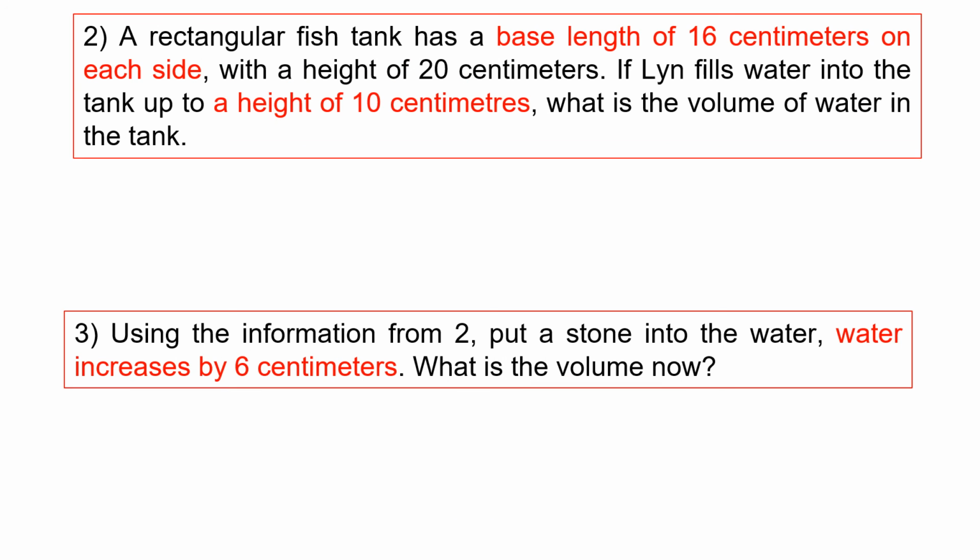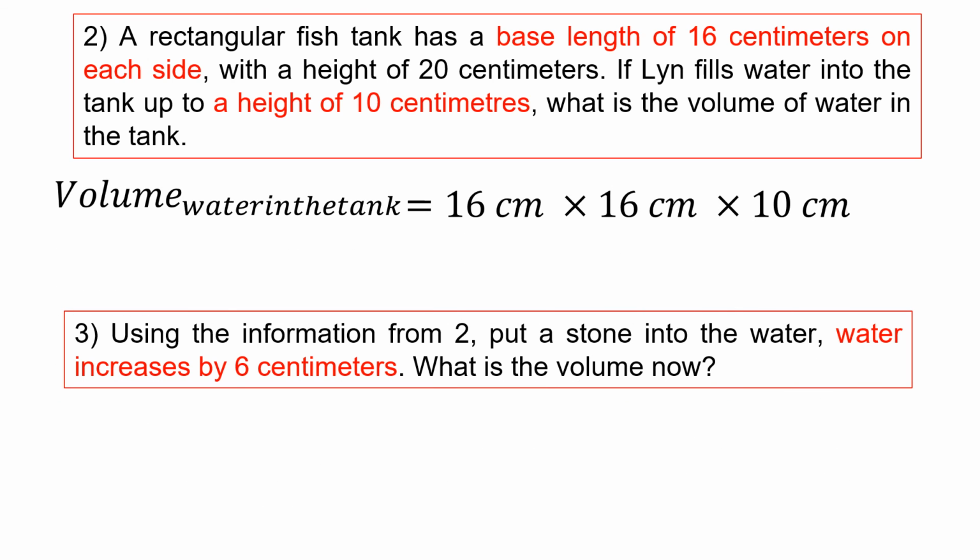So in problem number 2, all we need to do here is to multiply 16 times 16 times 10. Why 10? Because it is the height of the water, not the height of the fish tank that we are going to solve. So 16 times 16 times 10, it is equal to 2,560. And the unit is cubic centimeters.